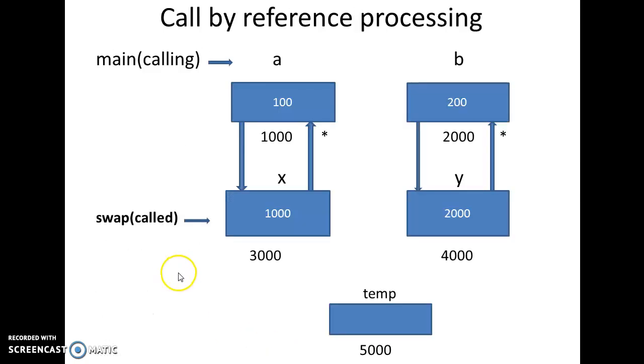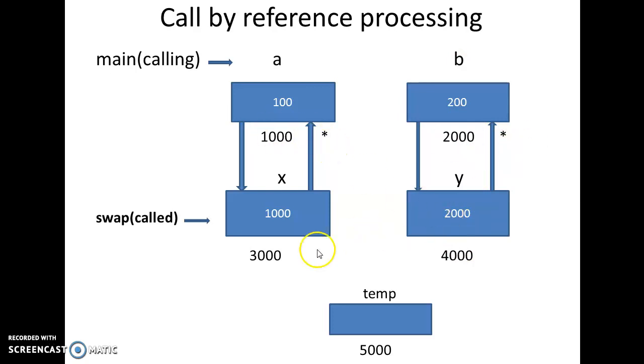So let's understand the process. Call by reference. This is the main. a is equal to 10, b is equal to 20. And in the function, x is &a, so x holds the address of a. b is equal to 200, and y is equal to &b, the address of b, so it holds the address of the b variable, 2000.